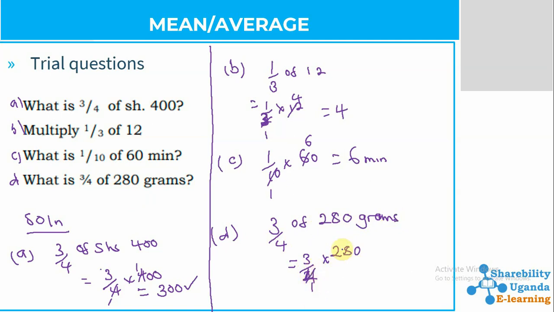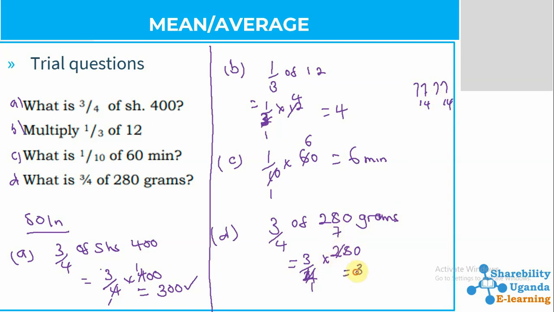By 4, 1, what is 280 divided by 4? What is 4 times 7? 4 times 7 is 28. So here we shall get 7.